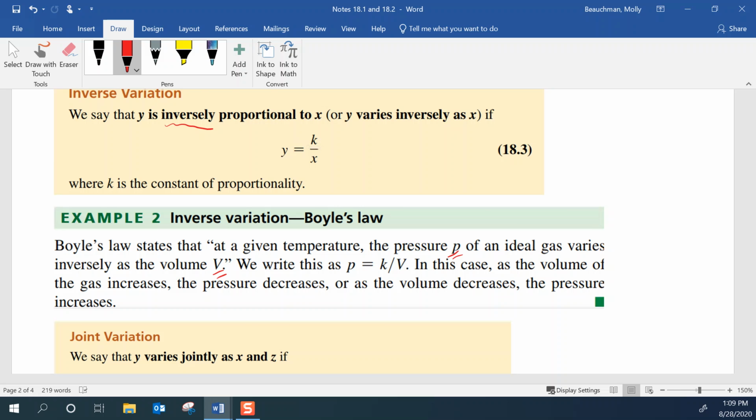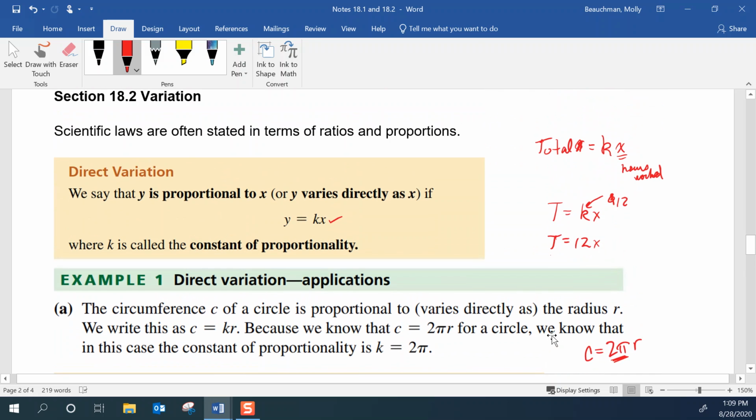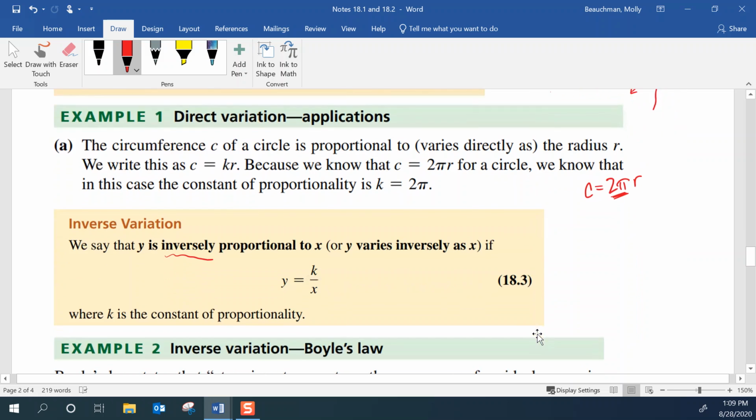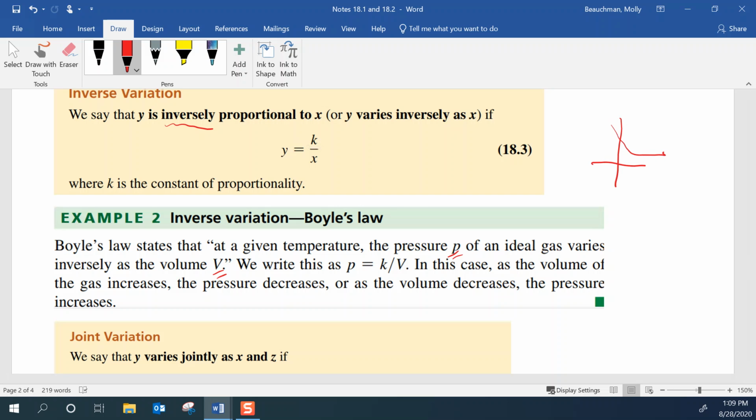If we were to look at what that looks like, notice direct variation is linear with a constant slope. As your hours increase, your pay increases. Inverse variation, we won't look at graphs of these, has a graph that looks basically like this. It's not linear, but it's a curve.